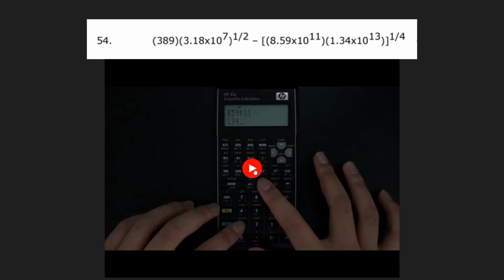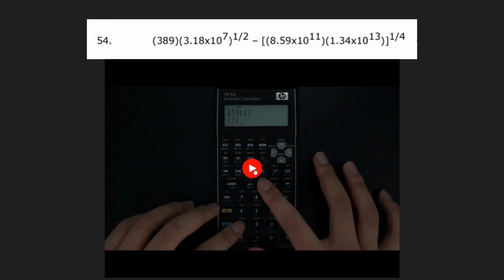Alright, so the reason why I square rooted 3.18 times 10 to the 7th, and did something similar to the bracket when it went to the 4th, is that 3.18 times 10 to the 7th to the 1/2 is the same as 3.18 times 10 to the 7th square rooted.